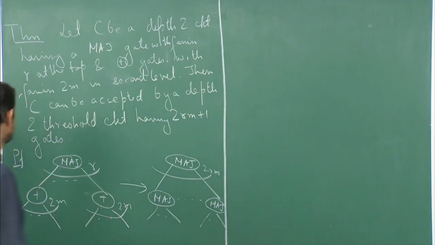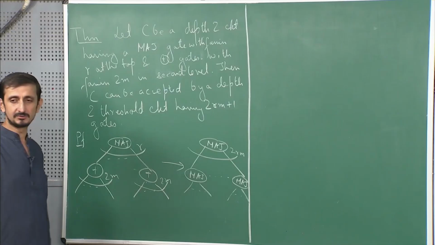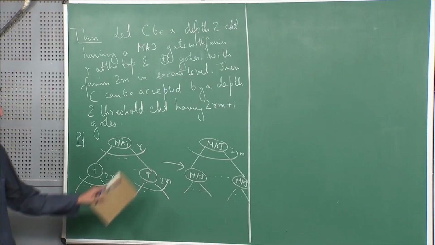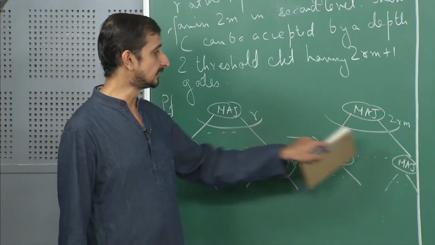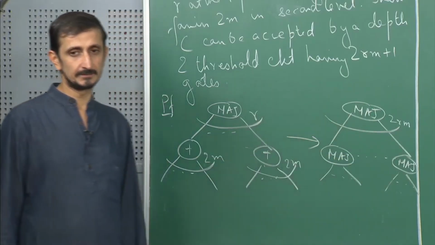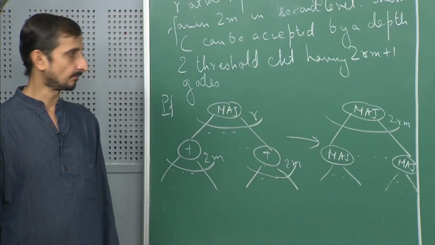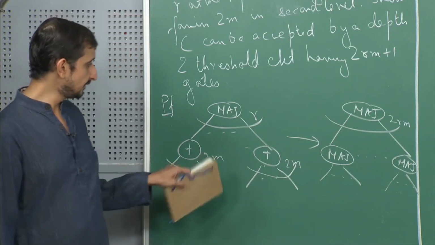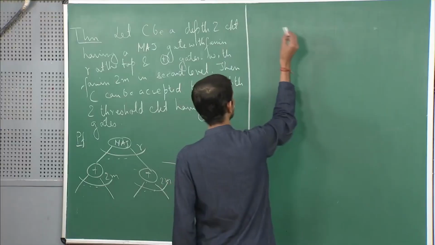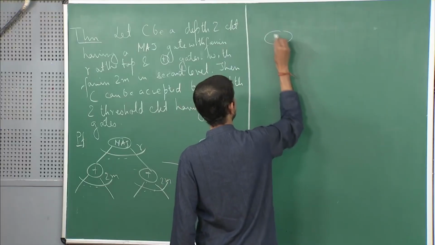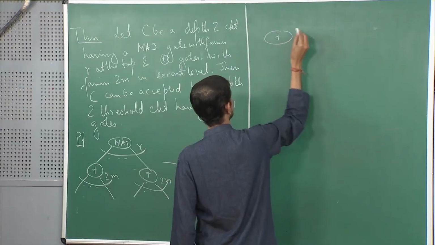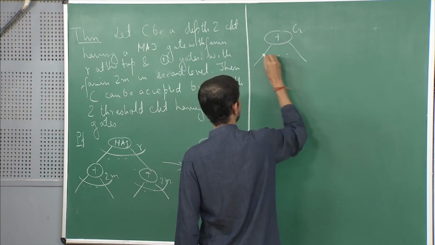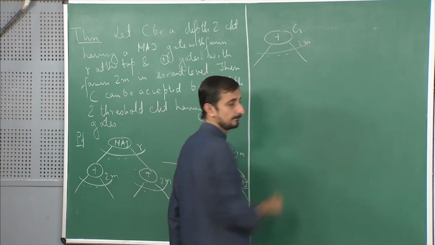M and R are variables for us. So basically M and R determine what would be the size of this. Okay. So what is the construction? So we will argue that suppose I have a parity gate. Let G be a parity gate which has fan-in 2m.